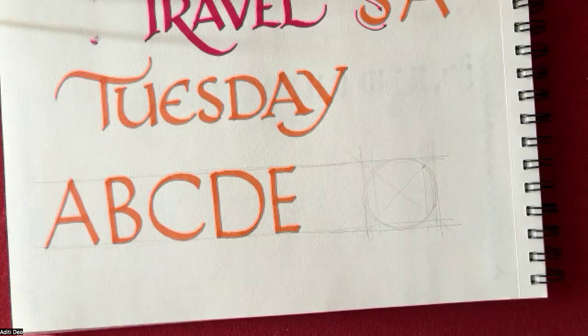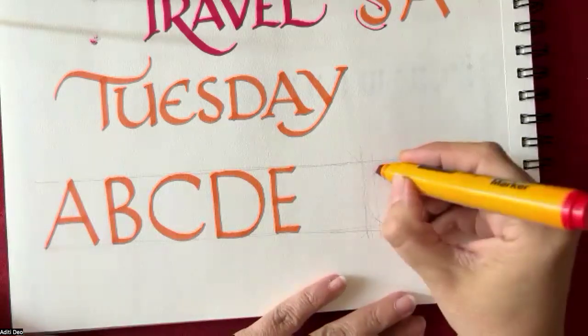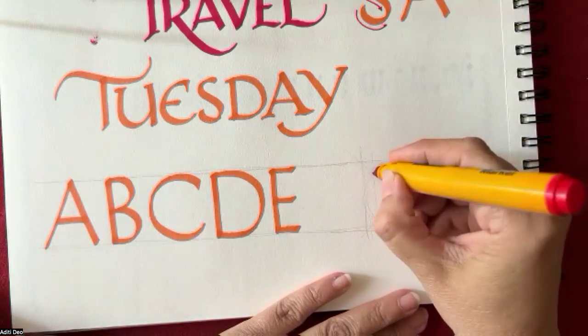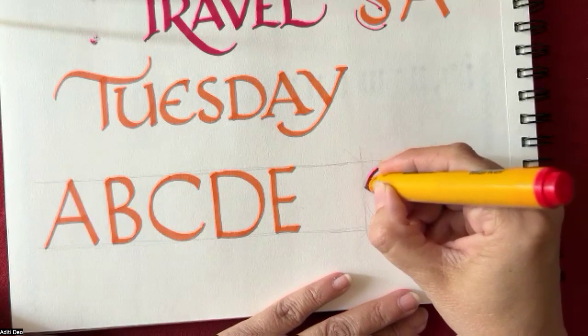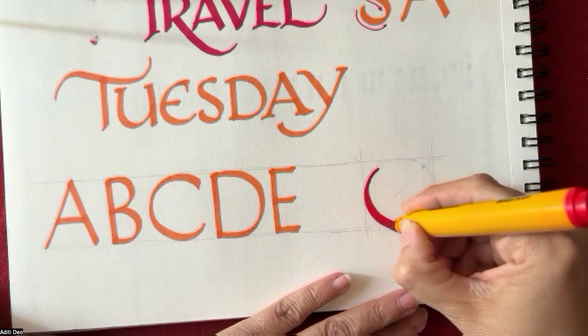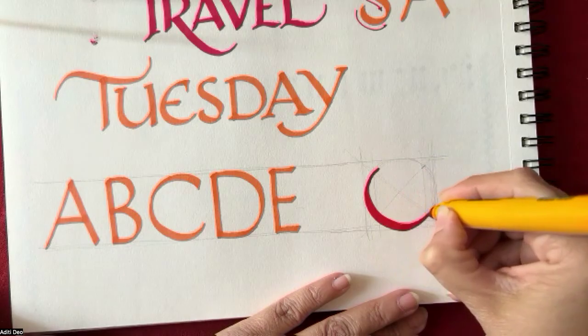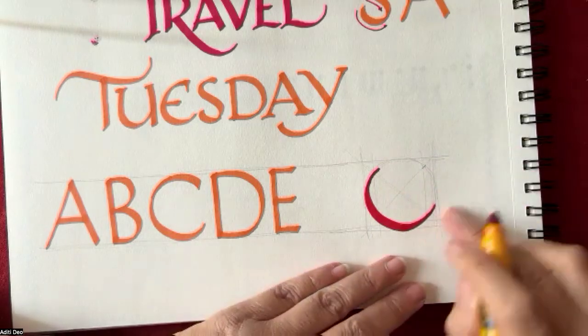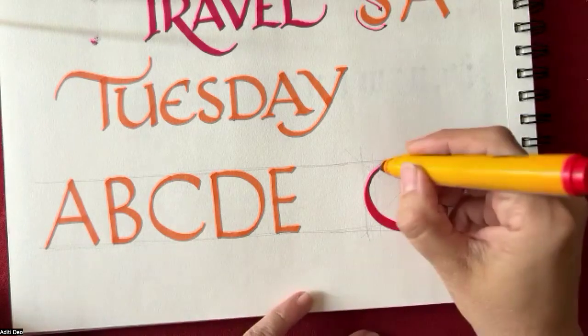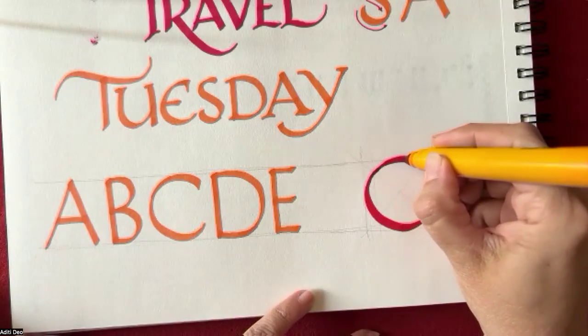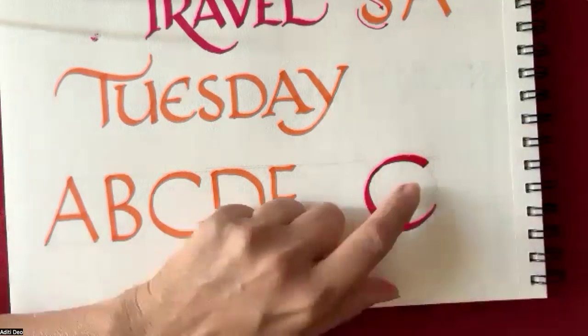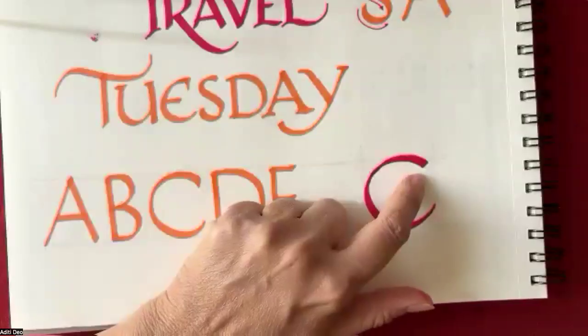Let me show you. You start at a 45 degree angle over here. So this is the thinnest part. Then it becomes rather fat, and then it becomes thinnest over here. This is where you know you have to end your C. And then you come from the other side, and you end it over here, which technically would be the fattest part.